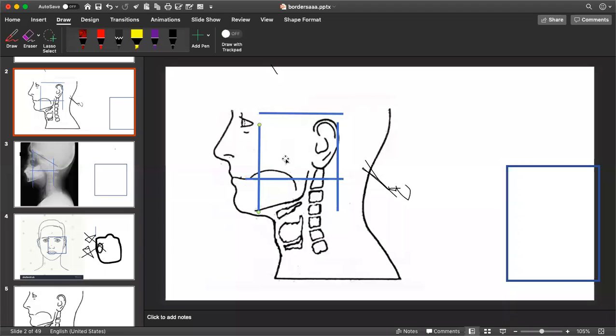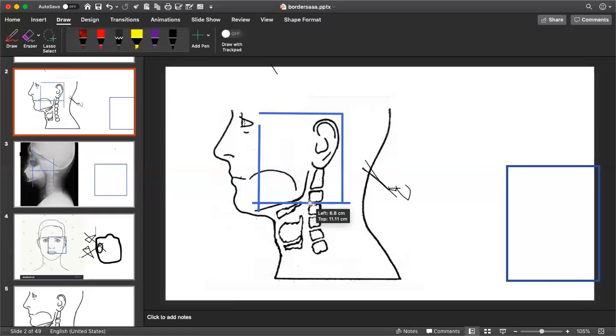Your posterior border would go behind the mastoid. And your inferior border would be below the angle of the mandible or the posterior belly of the digastric muscle. You wouldn't be able to see the digastric muscle here, so it would be below the angle of the mandible.